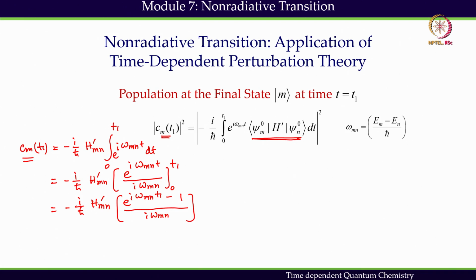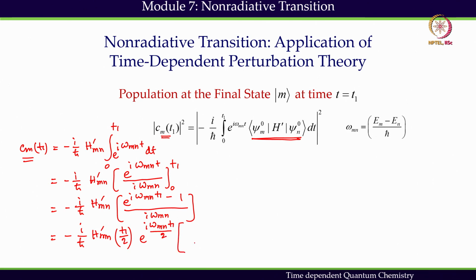And a little bit of trick we will make here to get a convenient form of this expression. I by h cut, then h mn dash, then t1 by 2, I multiplied by t1 by 2, and e to the power i omega mn t1 by 2.